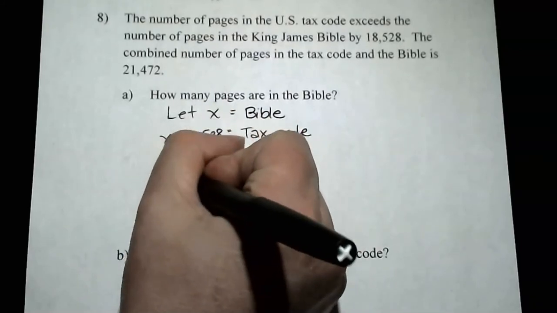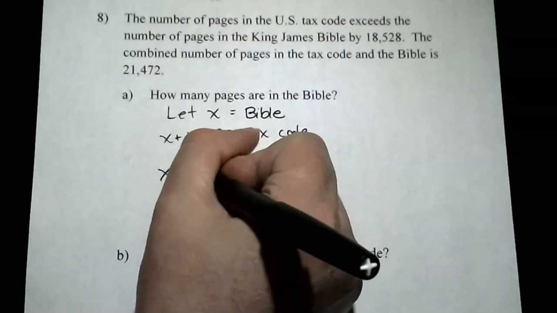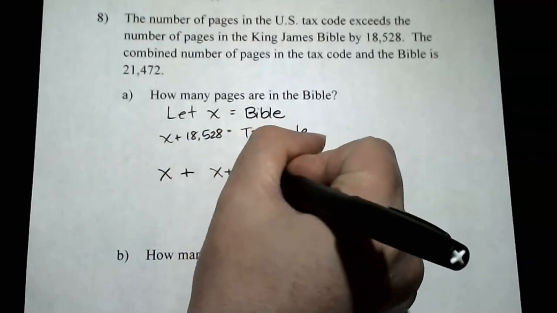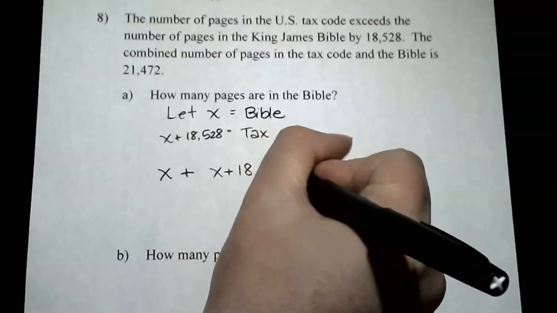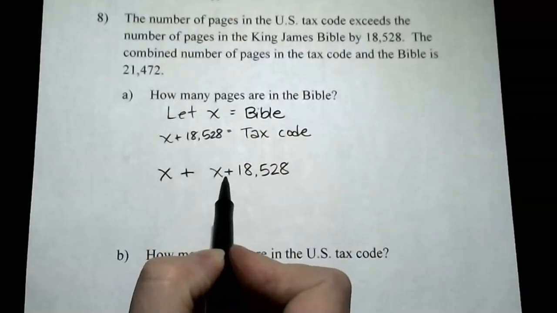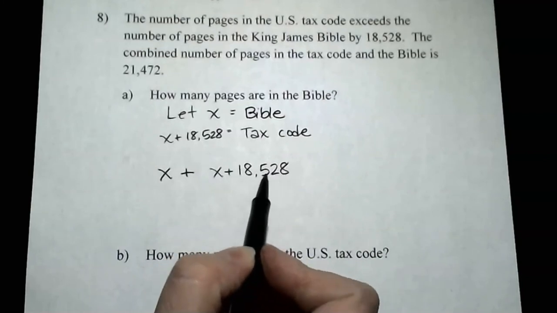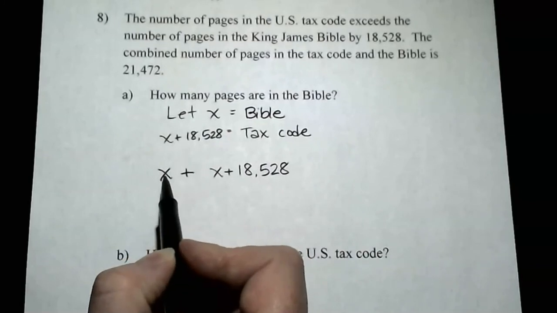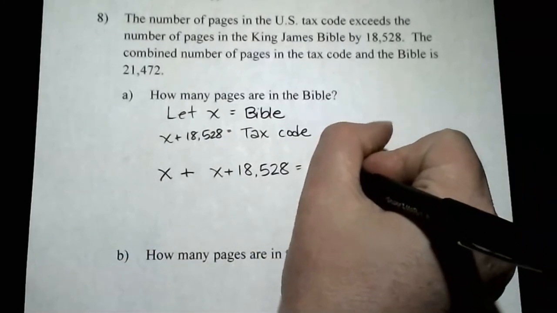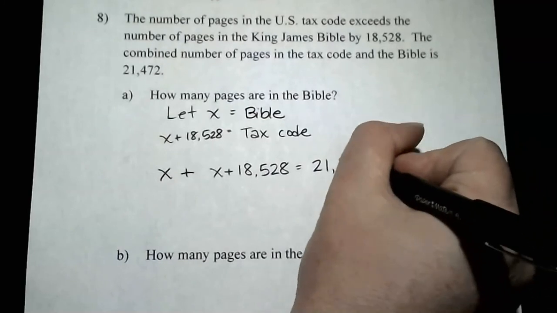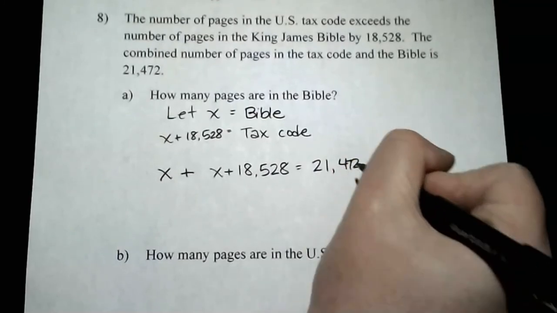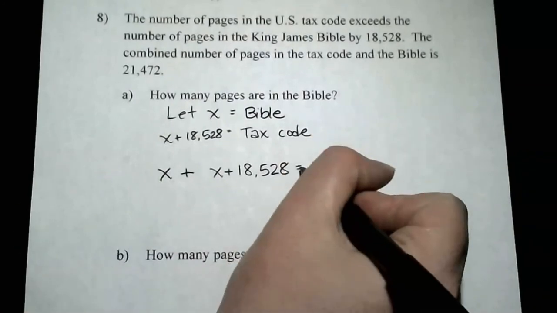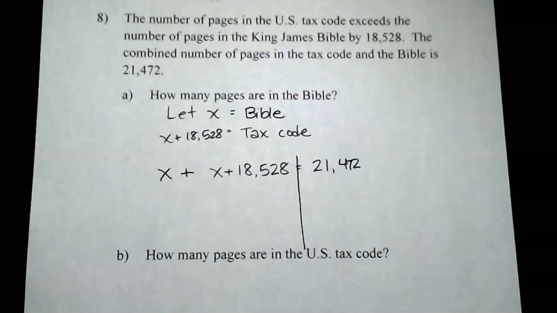So if I combine the pages in the Bible and the pages in the tax code, x plus 18,528, that whole thing is the tax code combined with the Bible, that equals 21,472. All right, and there's my equation that I can solve now. So let's see what we can do.